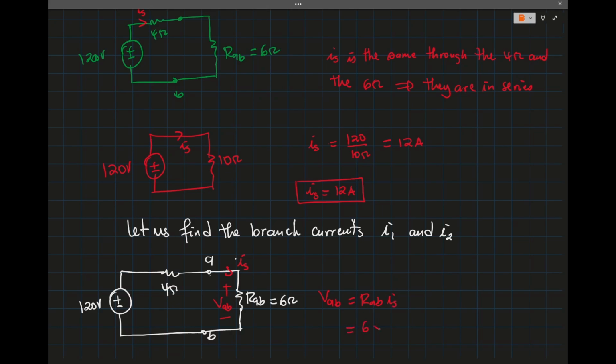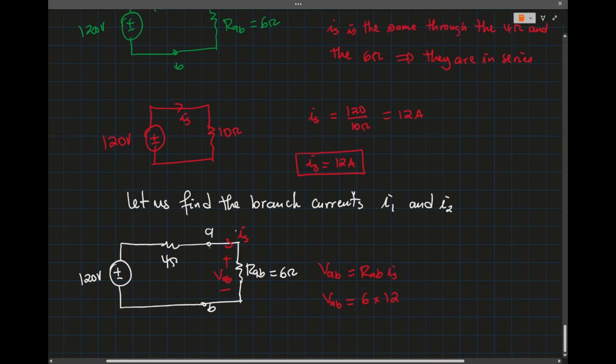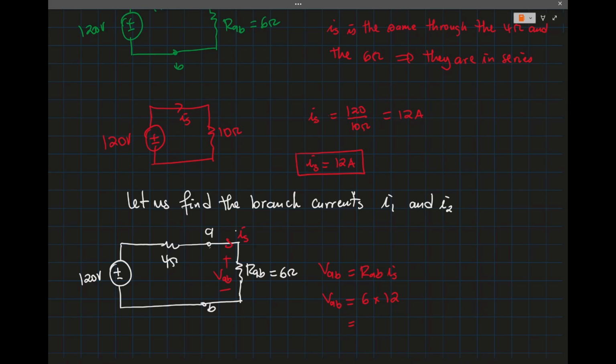So 6 times 12, that's VAB, which is 72 volts.